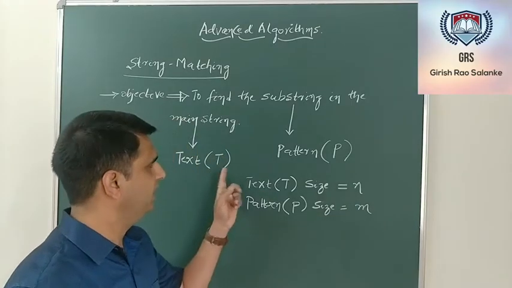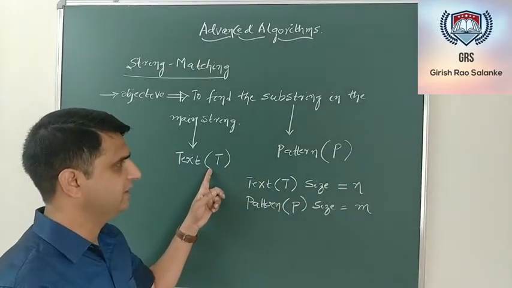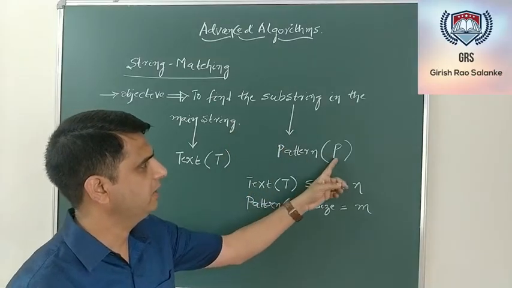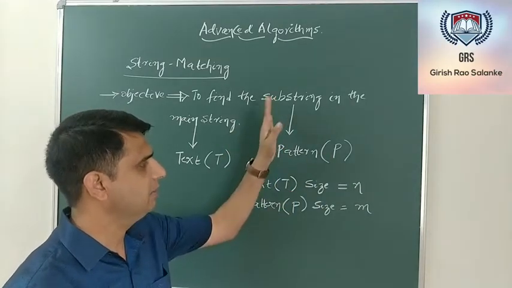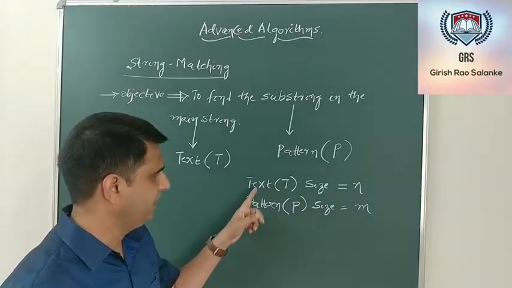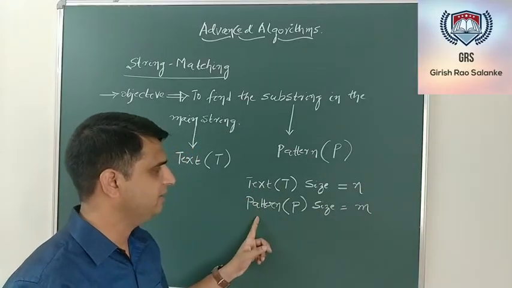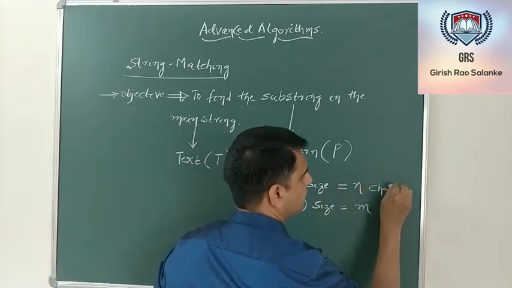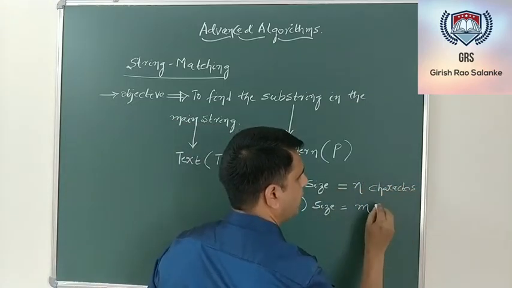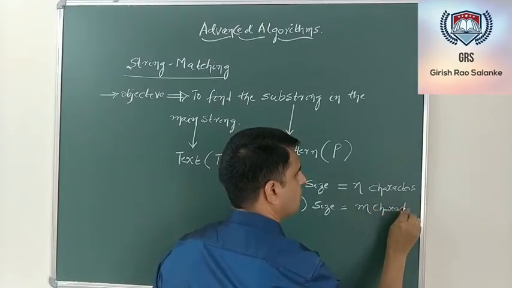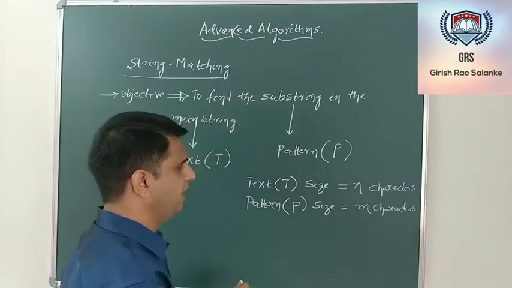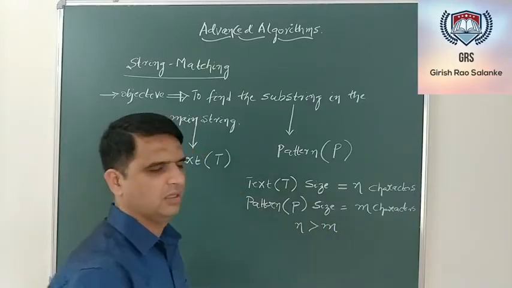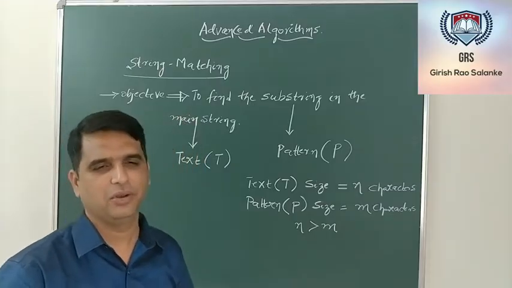First were capital T and capital P, which denote the text, or the main string, and my pattern, which is nothing but the substring. Generally my text size would be n characters and my pattern size would be m characters. And in most of the cases, n is greater than m. That's one more assumption that we are going to make.